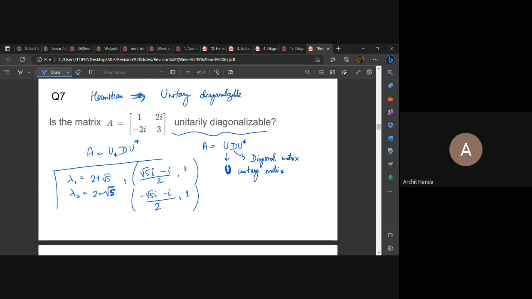Ma'am, I got these, but for this do we have to divide by the norm, right? Yes, you have to divide it by the norm. While dividing by the norm, we have to consider root 5 i squared, I mean 5 into i squared, which is minus 1, so minus 5, ma'am. No, this is okay.